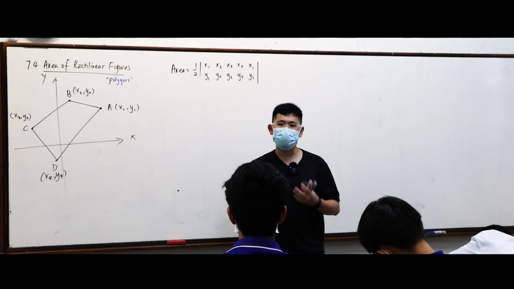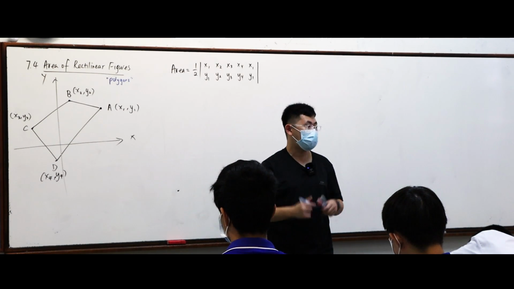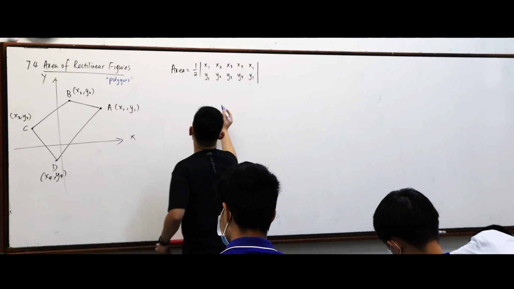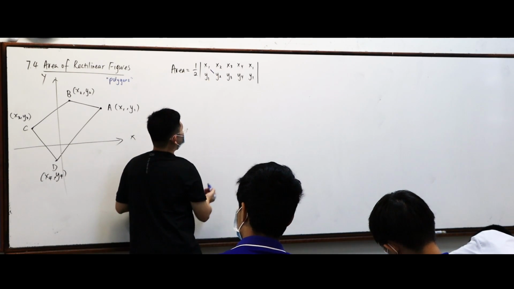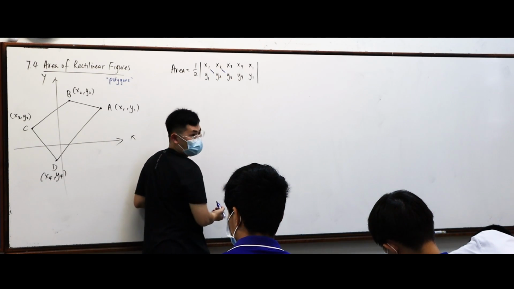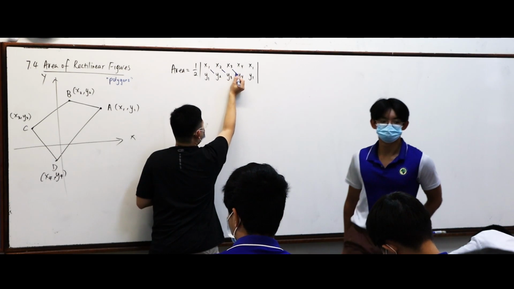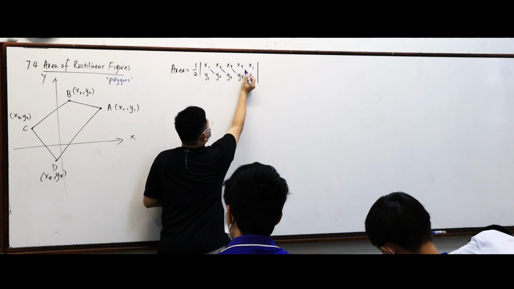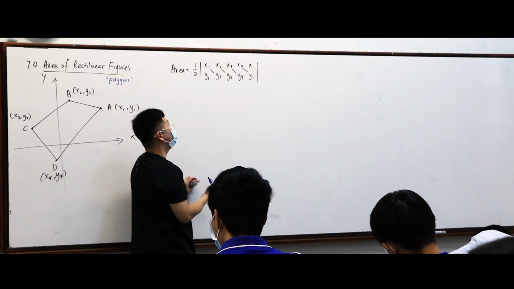And how do we find the area? It is to do a series of addition, subtraction and multiplication. We will need to take x1 times y2 plus x2 times y3 plus x3 times y4 plus these two things multiplied together.